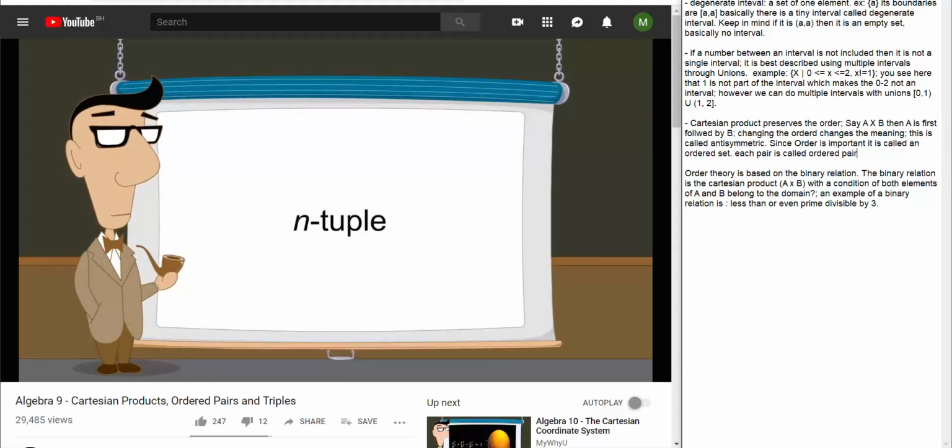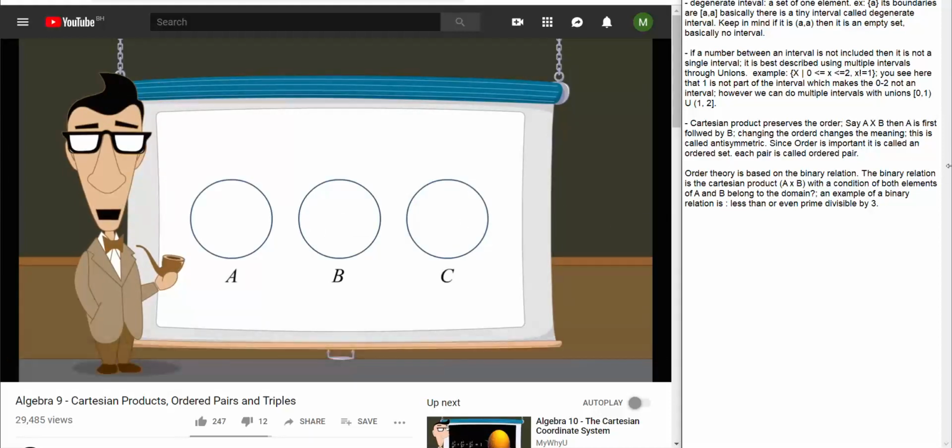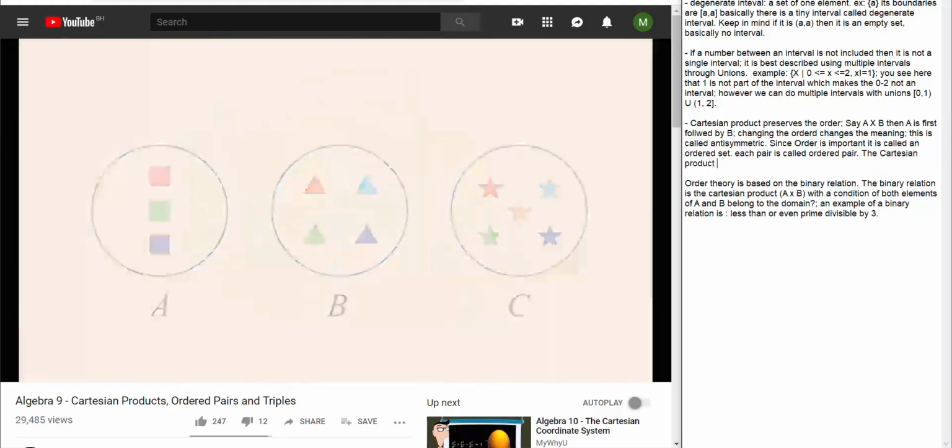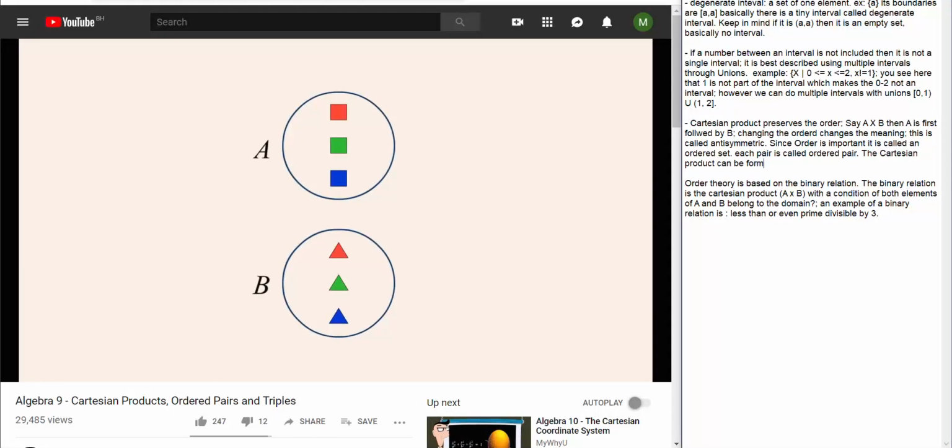Not only can Cartesian products be formed from any number of sets, but each operand set can contain any number of elements. The number of elements in the Cartesian product is equal to the number of elements in each operand set multiplied together. In the first example, we form the Cartesian product of 2 sets, each containing 3 elements.